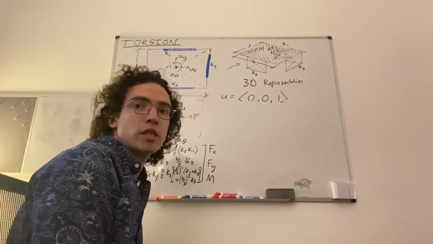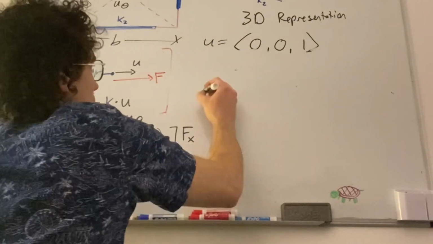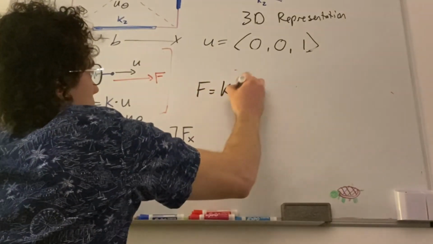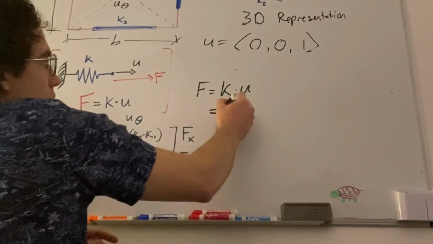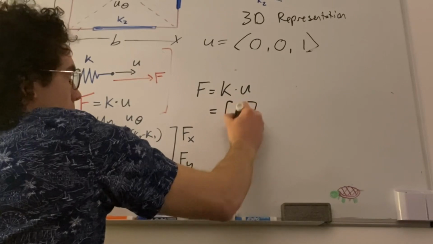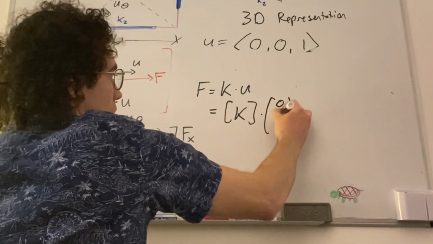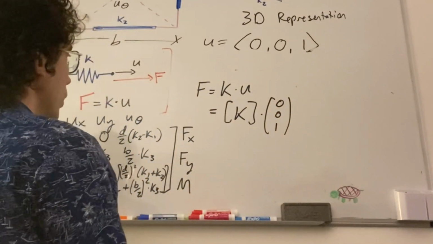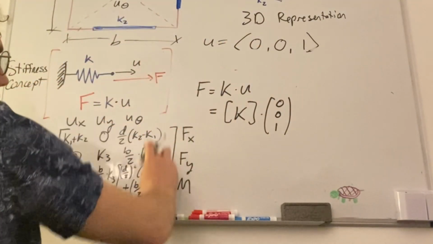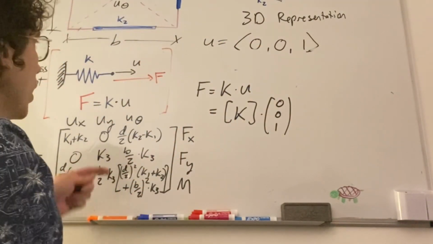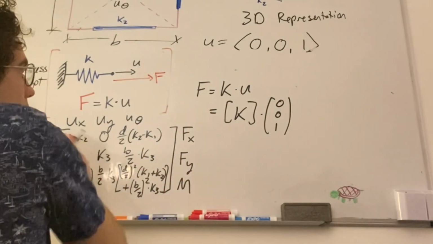If the displacement is 0, 0, 1, then the force is equal to K times U, which is equal to this whole matrix right here. So I'll just put it in square brackets here. K times 0, 0, 1. So then what you do is you take this vector here and you multiply it down this. So if you know matrix multiplication, you rotate it and you multiply each, and add up each column.